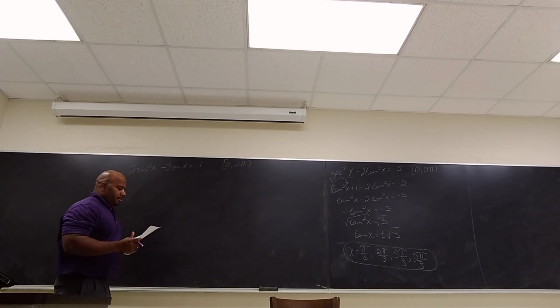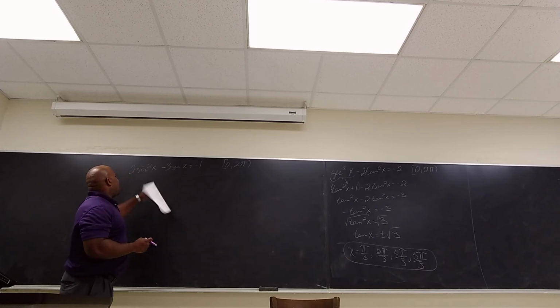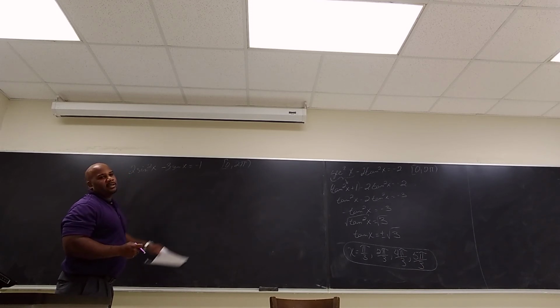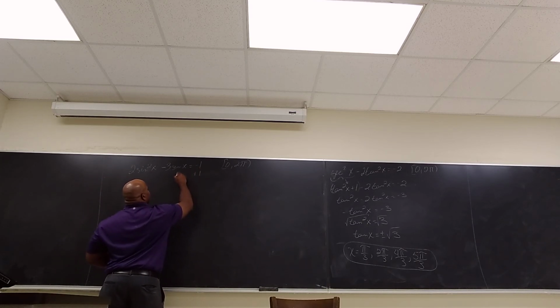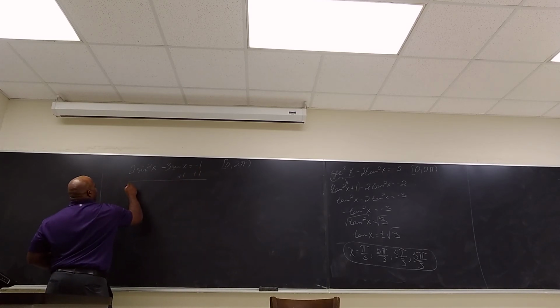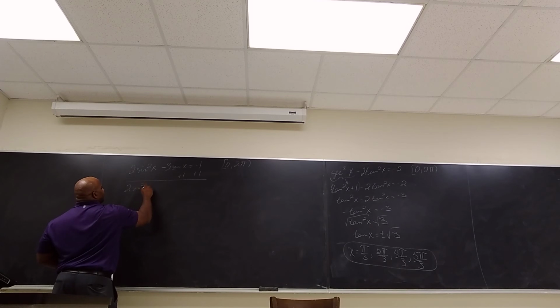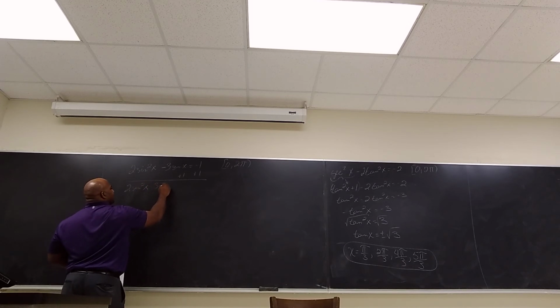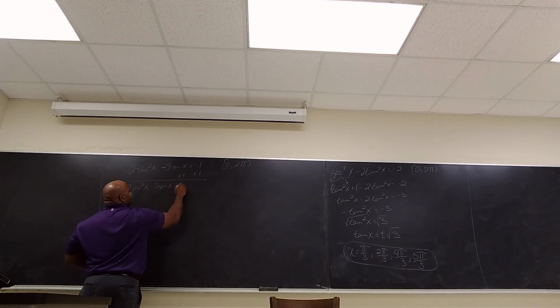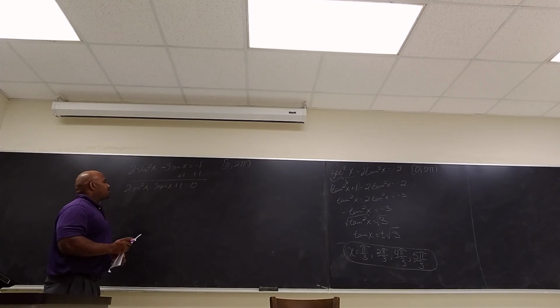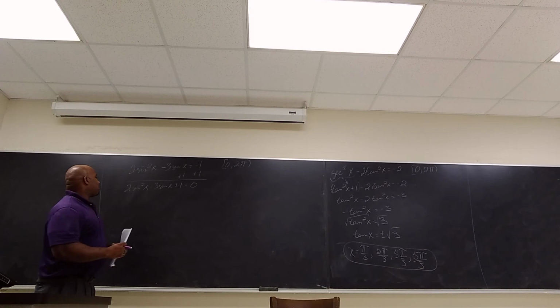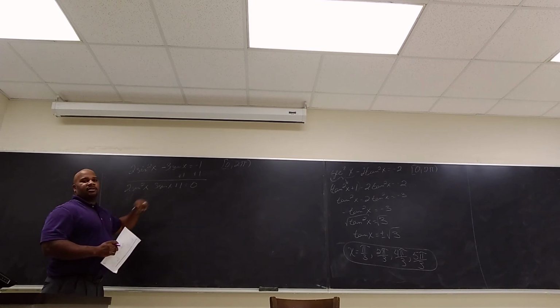Now if I look at this, sine squared x, sine x, and then a constant, that looks like a quadratic. So I'm going to add 1 to both sides. I'm going to have 2 sine squared x minus 3 sine x plus 1 equals 0. And yes, it is a quadratic. Imagine this was just x squared, x, and the constant.